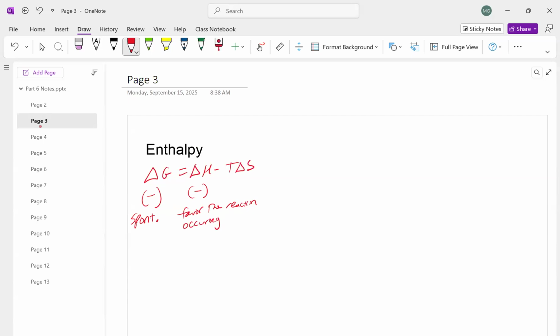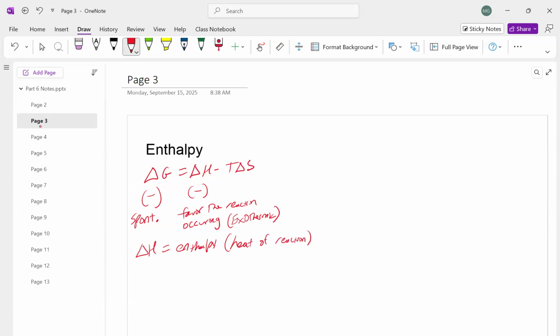And the term we gave to a negative delta H was exothermic. There is a release of energy. And so delta H is simply the enthalpy of the reaction, also known as heat of reaction.